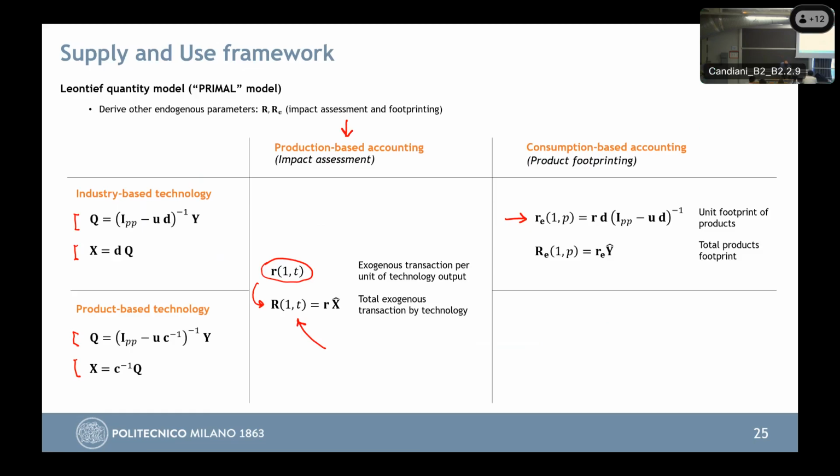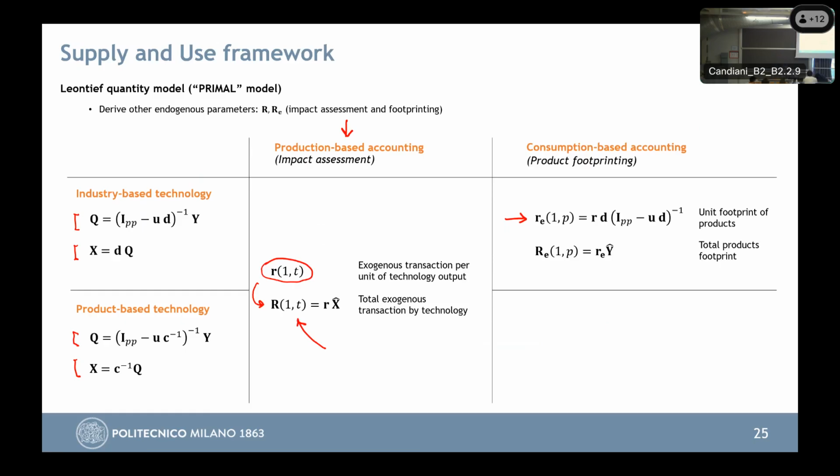But in case I have to provide the footprints, they are actually not really properties of technologies, but properties of products. I always mention, let's calculate the footprint of this pen, remember, during the first lecture. So I have to provide a consistent equation that expresses the footprint, so the emissions, the water, the land, the labor, whatsoever, per unit of output of products.